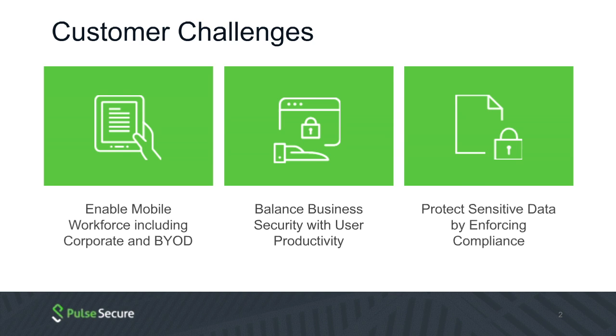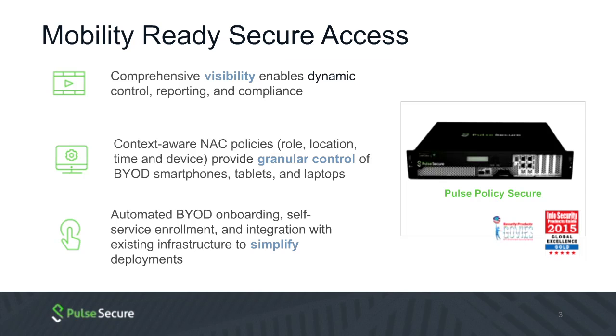So all of these challenges can be met with Pulse Policy Secure and the ability to do identity-based secure access, whether that's admission control, network segmentation, local access, remote access, etc. Pulse Policy Secure offers mobility-ready secure access internally at admission and throughout your end user's connection session.